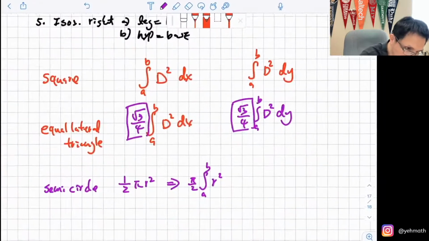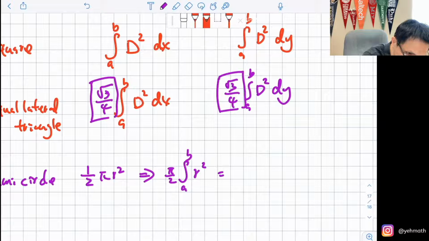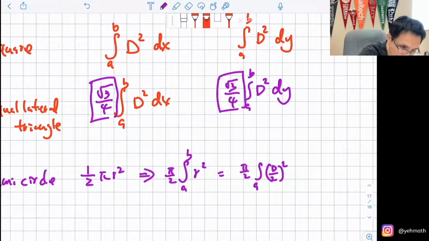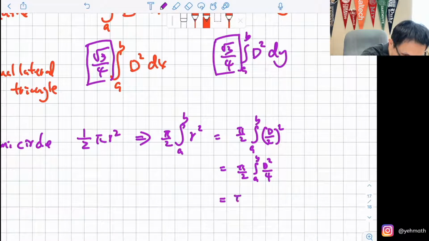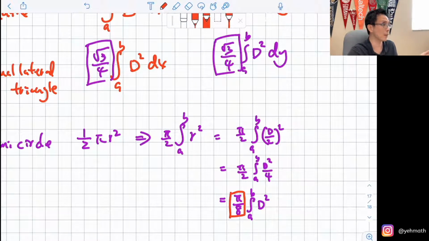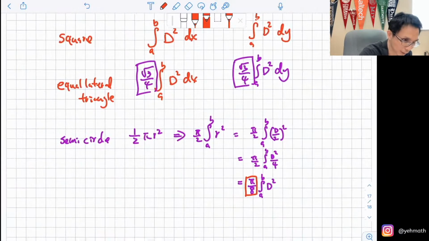So we're going to use d from now on. It's going to be pi over 2, and we're going to have d over 2 squared. Does that make sense? Because the difference is a diameter. Divided by 2 becomes the radius. And radius squared, that's what it is. Now it's pi over 2 times the integral from a to b of d squared over 4. So can I change that to pi over 8? Yeah. And I still keep the d squared in here. If you just want to memorize for semicircle, it's always pi over 8 in the front. Nothing different. Everything is the same.